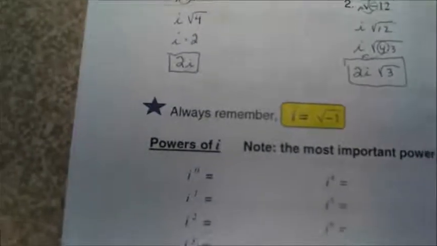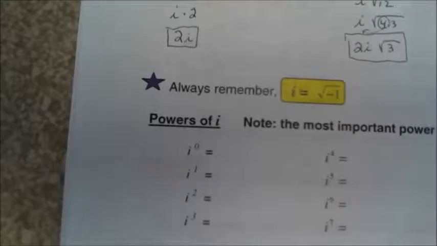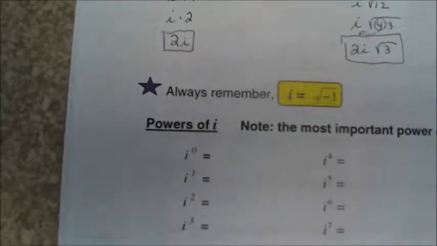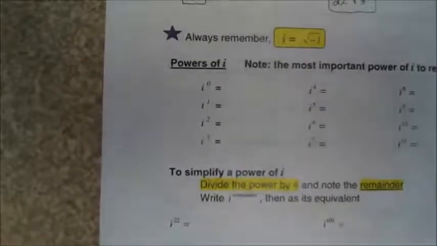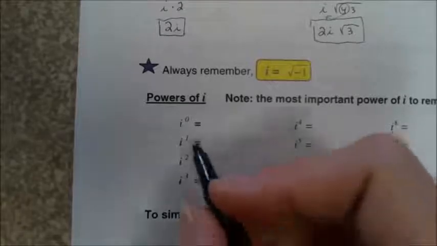Now what we're going to do is I've put a lot of different powers of i, starting with 0 and going up to 15. And you're going to start to recognize a pattern here, a pattern of answers that are going to come out. And I'll explain to you why this pattern is.